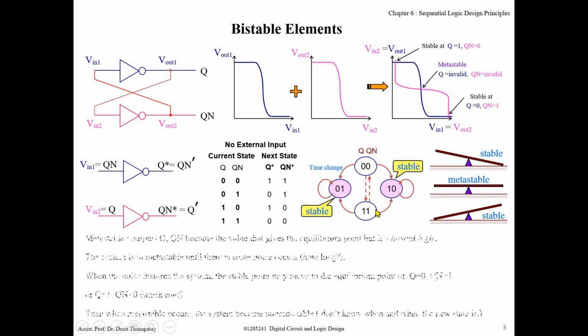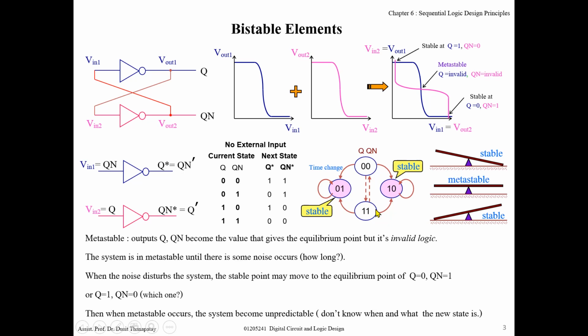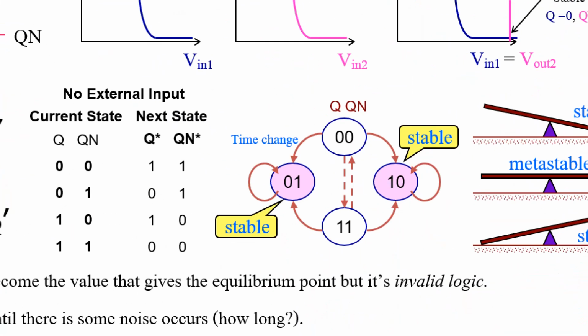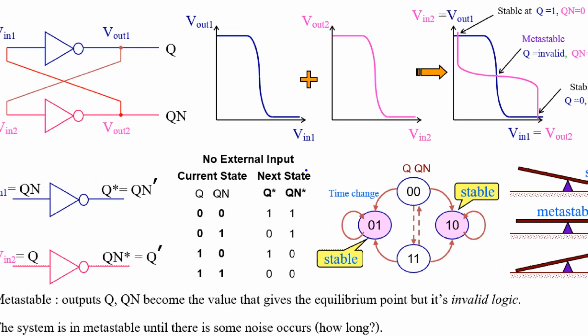This is some basic knowledge that you should know. Namely, a bistable element will be stable at a state where the values of Q and Qn are not the same, different values, namely 0, 1 or 1, 0.